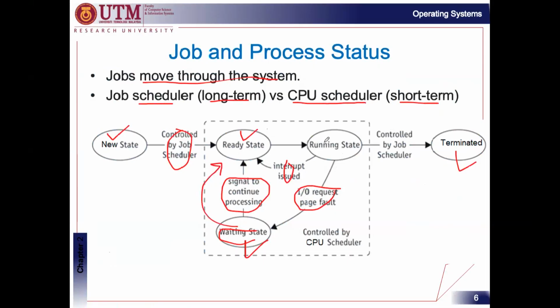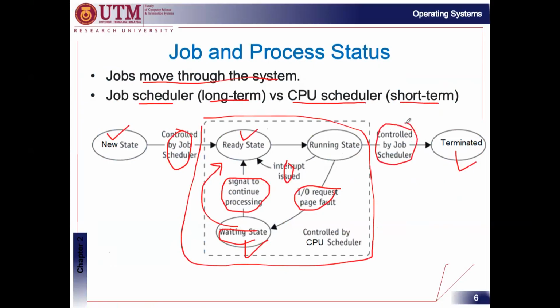Okay, from this diagram, the whole thing is controlled by the CPU scheduler, and then this one the job scheduler. This is representing the long term and also the short term. Okay, long term, which is for the job scheduler, which is this. This is the long term.